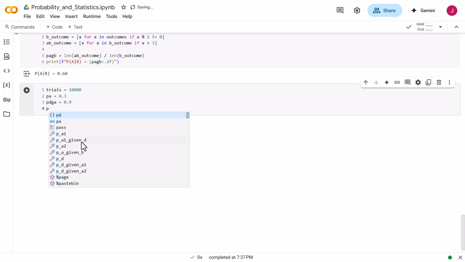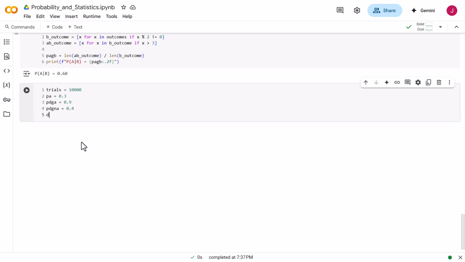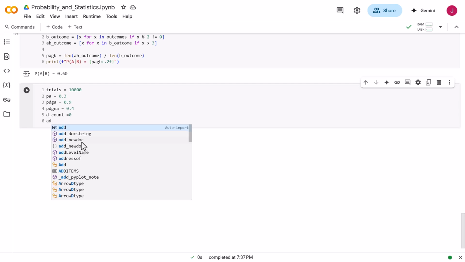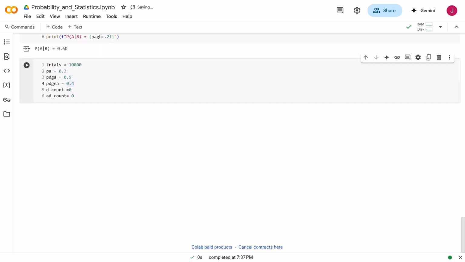Then probability of D given not A, it means clouds given no rain, is 0.4. Then D count is equal to 0. This is the count for clouds. And AD count is 0 because we want to count rain and clouds.